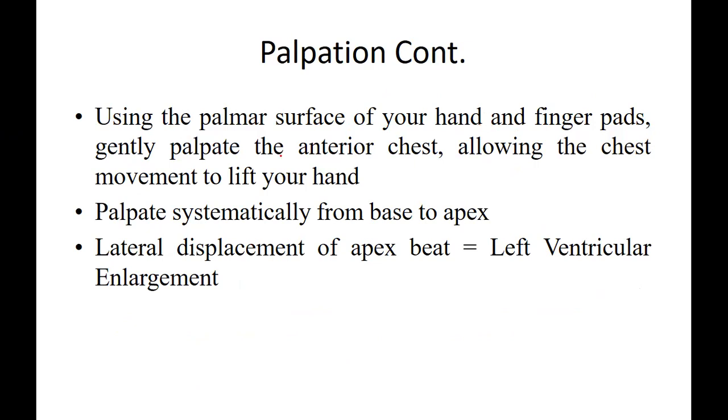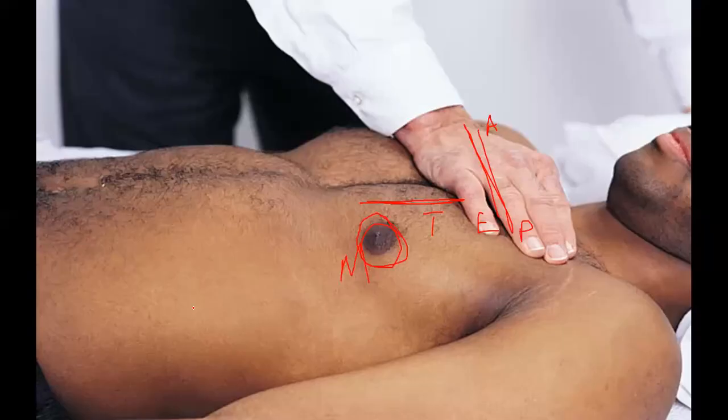You use your palm, like I showed you in the diagrams, the palmar surface of your hand and also the finger pads. Gently palpate the anterior chest, allowing the chest movements to lift your hand if they're able to. If you detect a laterally displaced apex beat, that could be a sign of left ventricular enlargement. The apex beat is most prominent in the fifth intercostal space along the mid-clavicular line.